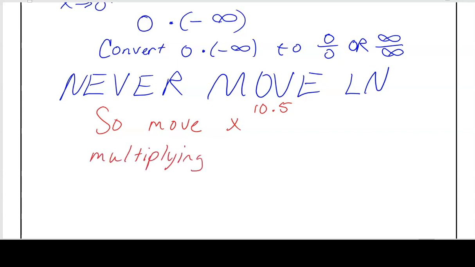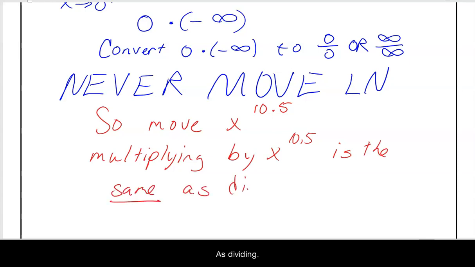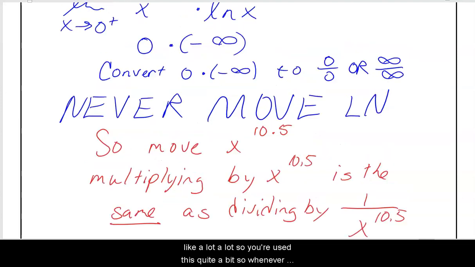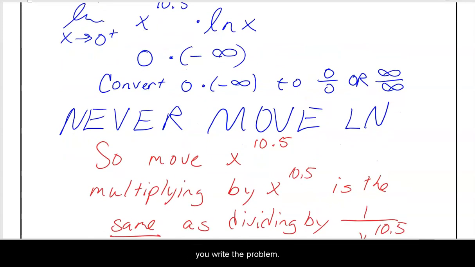Multiplying by x to the 10.5 is the same as dividing by 1 over x to the 10.5. So this is an algebraic trick that we will use for L'Hopital's rule a lot, like a lot. So you'll use this quite a bit. So I'm going to rewrite the problem.